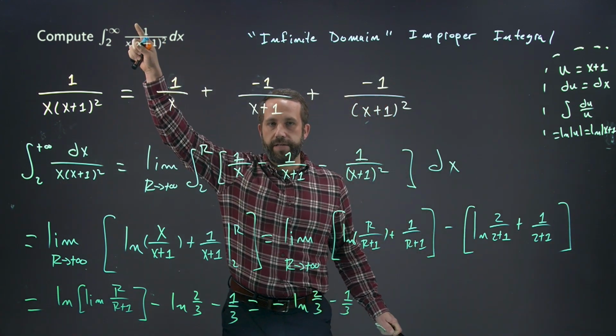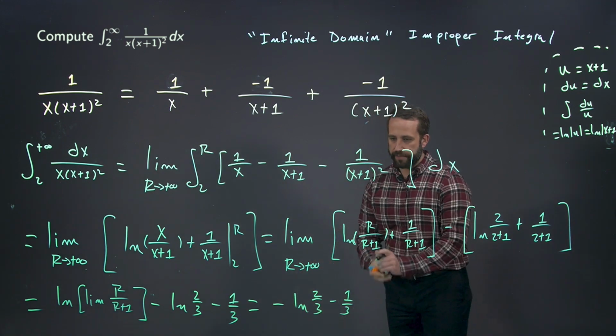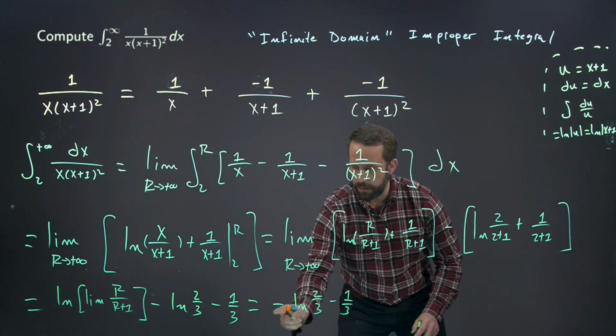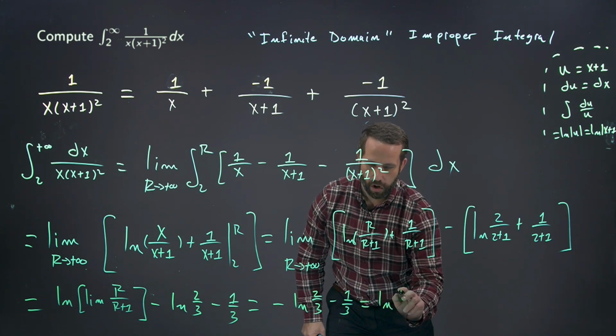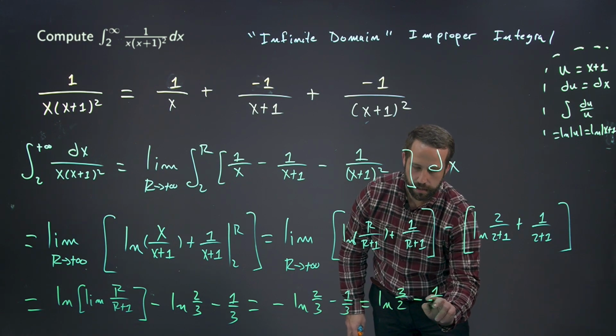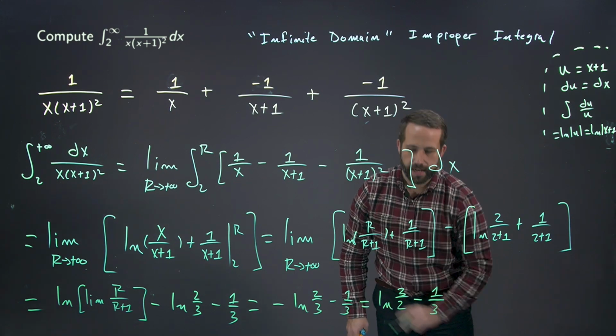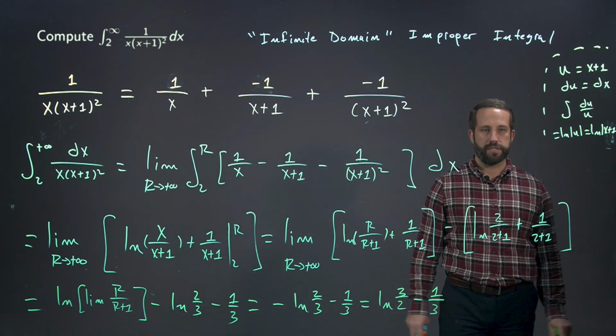This 1 over x times x plus 1 squared is positive on the domain of integration, but it looks like we have something negative here. But remember, I can move the minus sign to the exponent of the logarithm, and this becomes the natural log of 3/2 minus 1/3. Okay, and this is going to be greater than 0, whatever it's equal to.